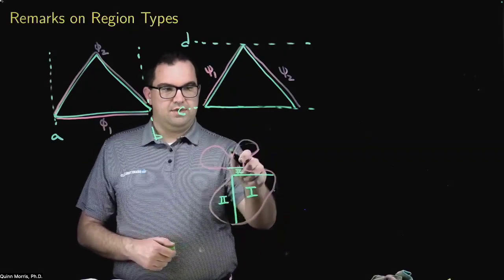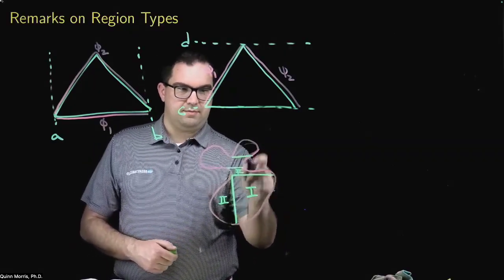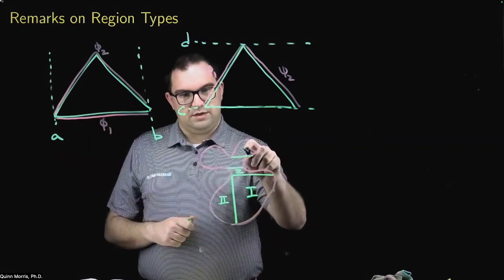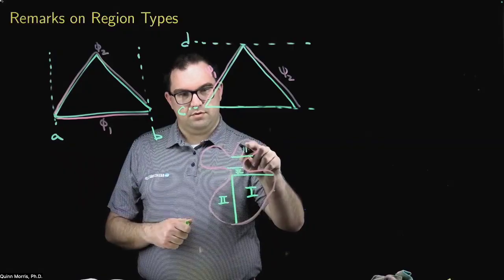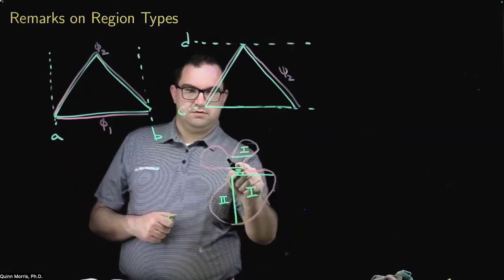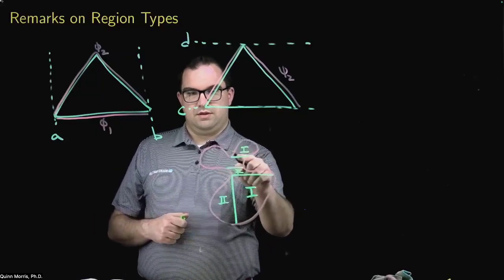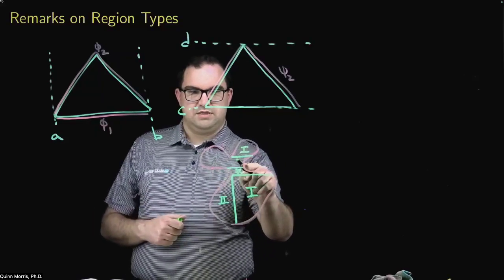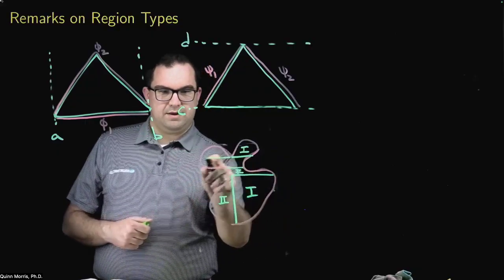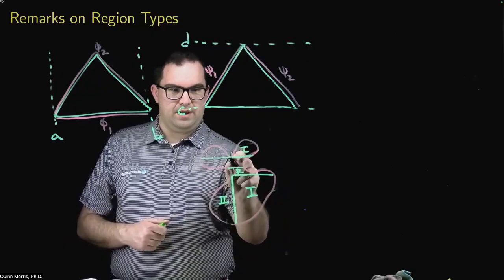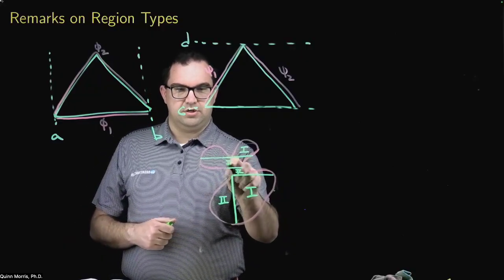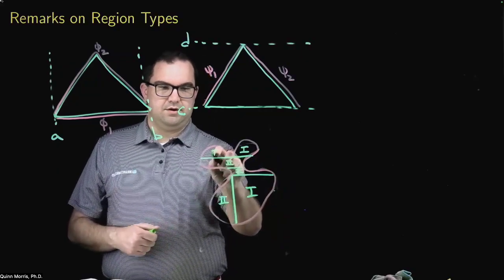Now this I can split up here to make my life a little easier. Now this piece up here, I certainly could view as a type 1 region. This piece, I don't know if I can do this whole piece now? Yeah, actually, I think I can. Well, I don't know. Let's just make our lives easier. If I just cut all the way across here, now this is certainly a type 2 region, and this thing sitting up here is now a type 1 region.